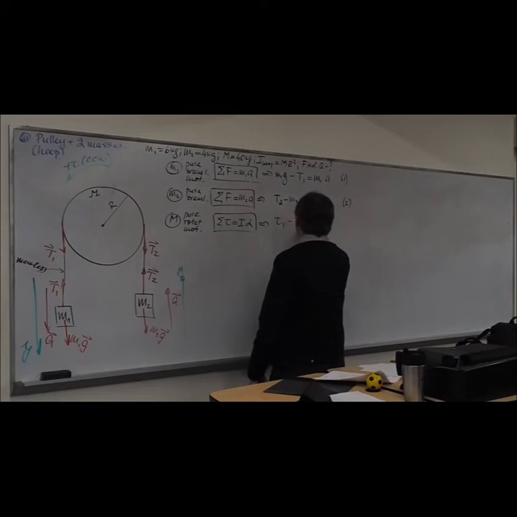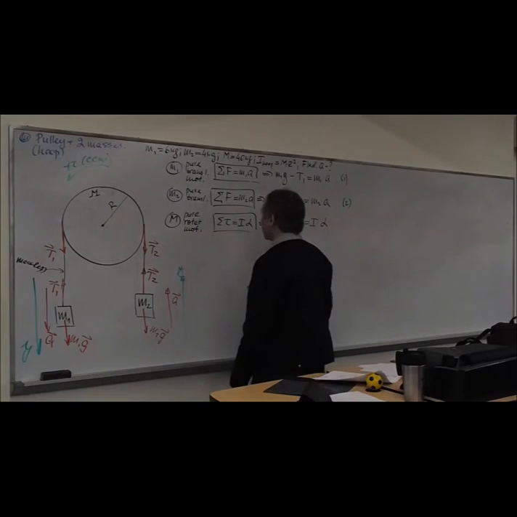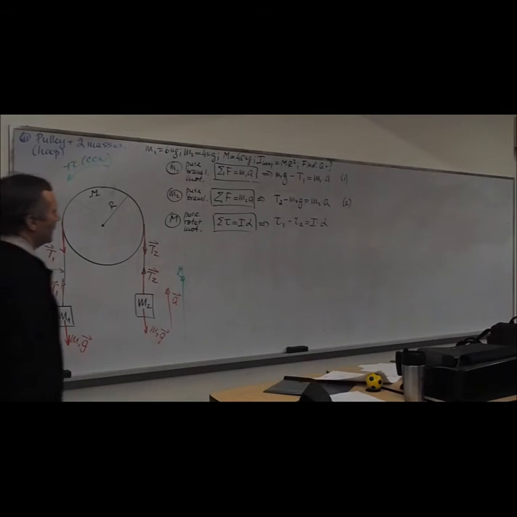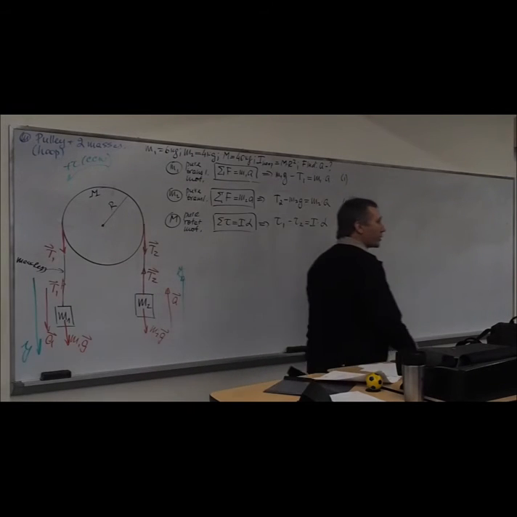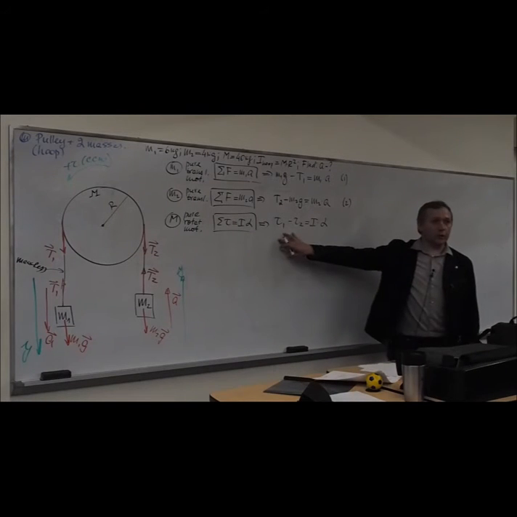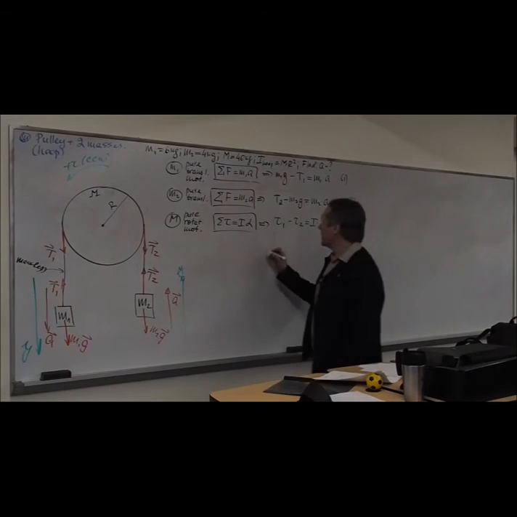Minus tau 2 equals moment of inertia times angular acceleration. This will be the third equation, but we need to calculate explicitly what these torques are. All right? Now let's do it.